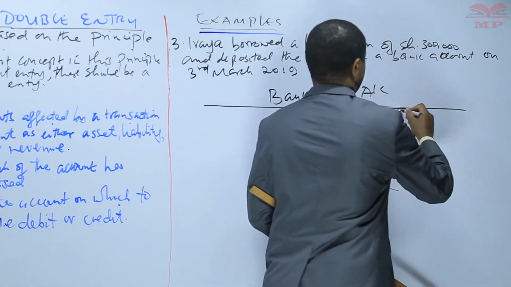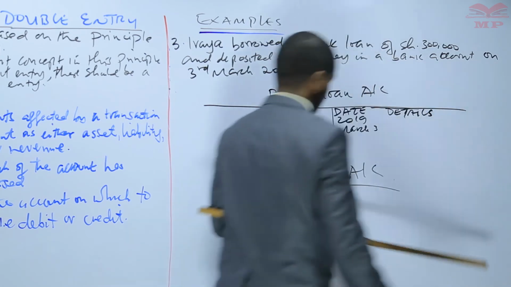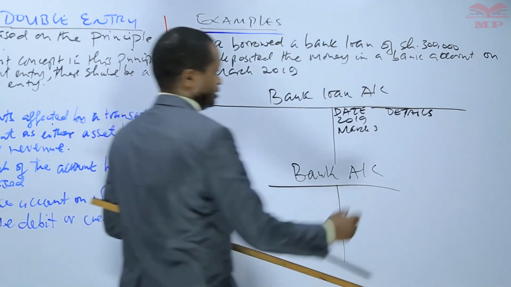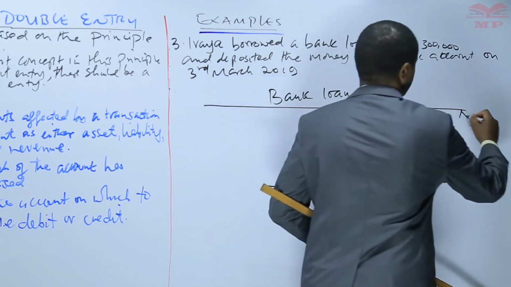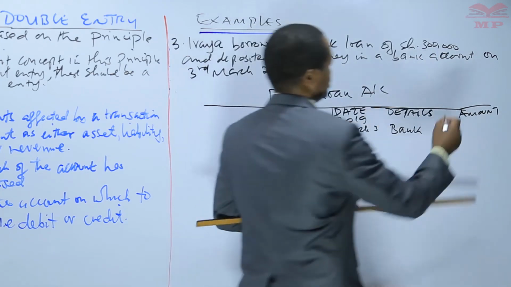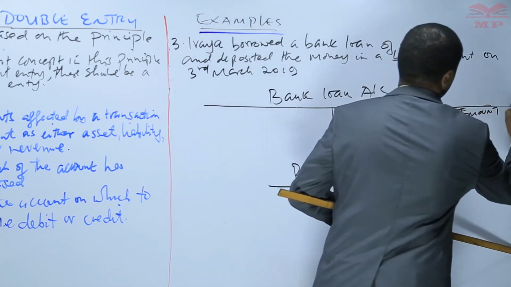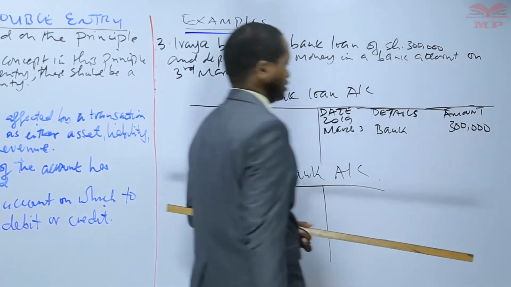Under details, we write the corresponding account. This one here, we write bank. Then the amount. The amount is 300,000. We credit 300,000.